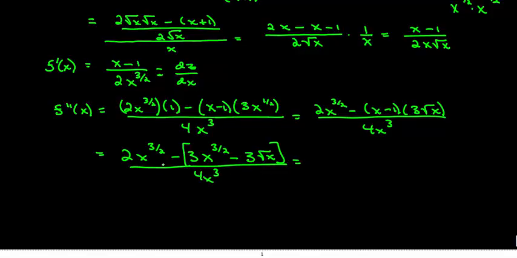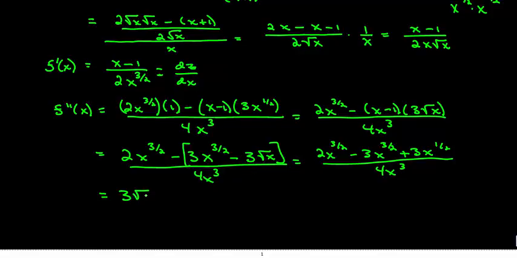Okay, and that gives me 2x to the 3/2 minus 3x to the 3/2 plus 3x to the 1/2, or 3 times the square root of x, over 4x to the third. And so this will give me 3 square roots of x minus, now this is just going to give me 1, so the negative 1, x to the 3/2 all over 4x to the third.